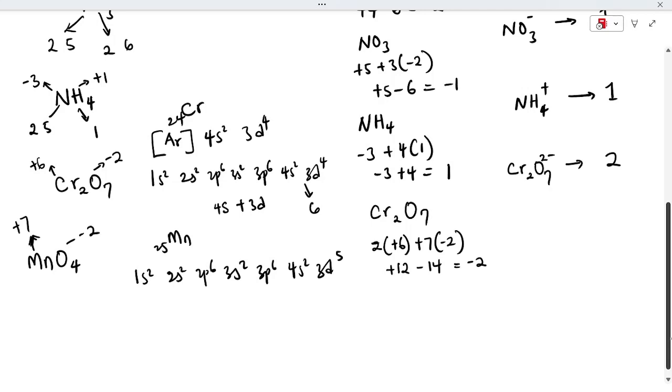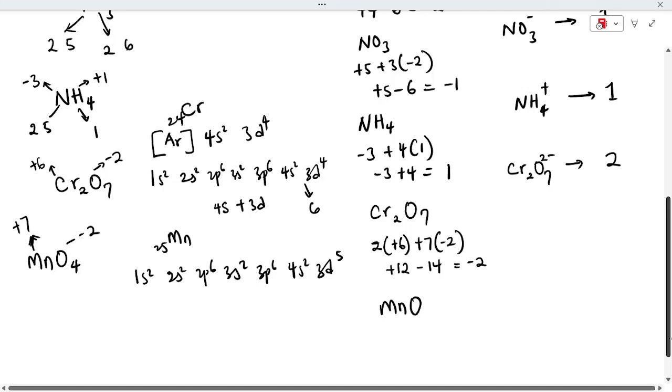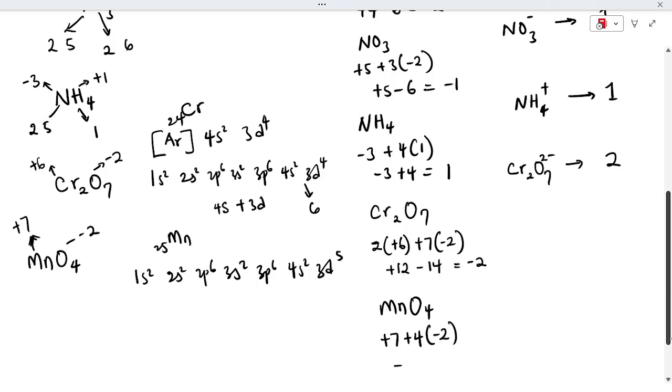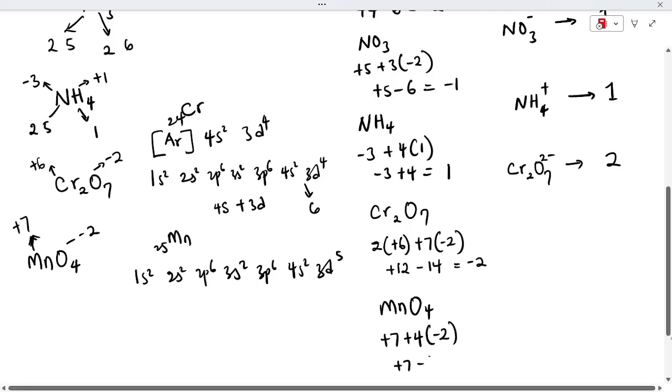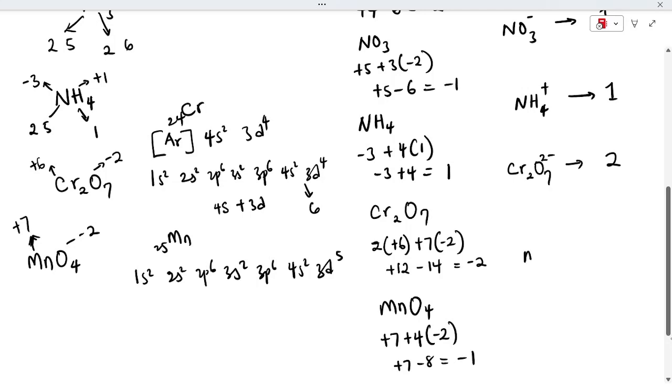So our calculations for MnO4, we have plus 7 plus 4 atoms of oxygen times minus 2. So then you have plus 7 minus 8, which gives us minus 1. And that's how you have MnO4 minus. So the oxidation number is simply 1.